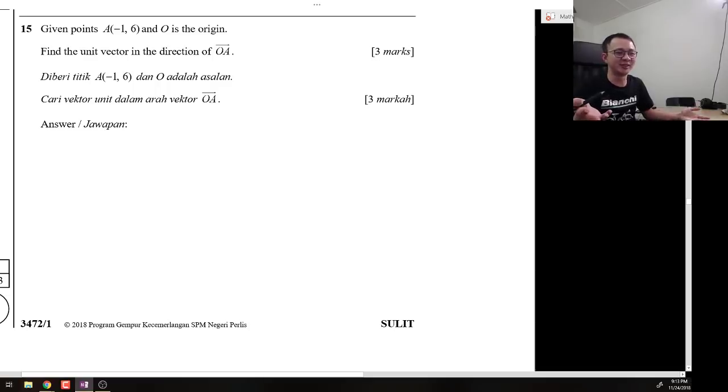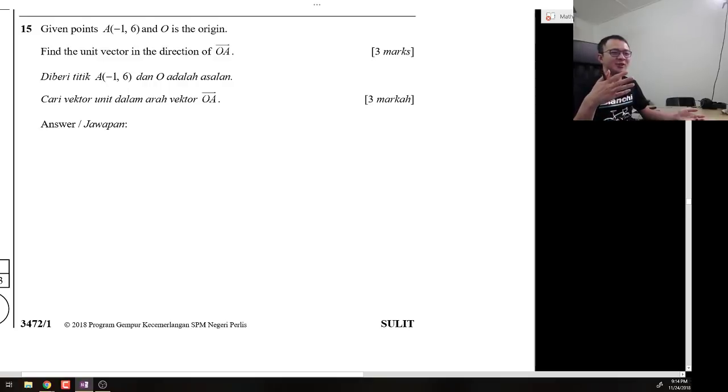Collinear means they have a ratio to each other. Remember we have something like AB equals lambda BC? Those are for collinear.